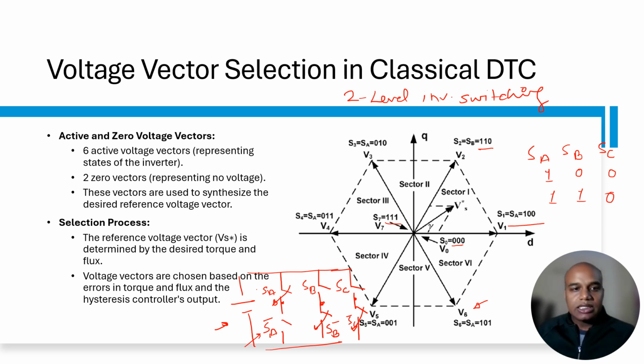This is the vector set used in classical DTC. How it controls my voltage, flux, and torque, we will understand in the in-depth modeling video.